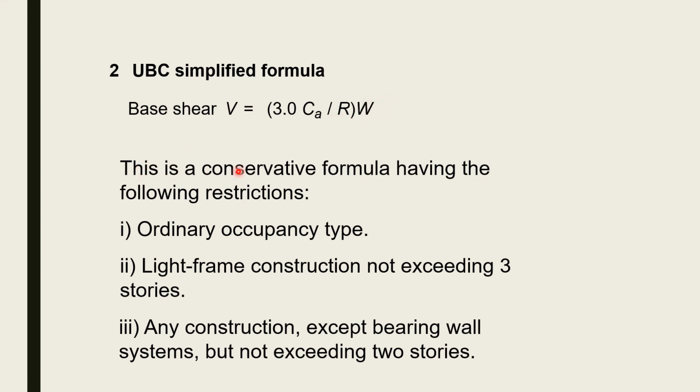This is a conservative formula having the following restrictions: ordinary occupancy type, light frame construction not exceeding 3 stories, and any construction except bearing wall system but not exceeding 2 stories. So these are the limitations of UBC simplified. This is just giving a brief idea about the UBC simplified formula, but definitely we will go for the detailed method.